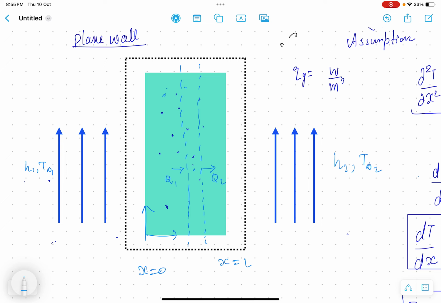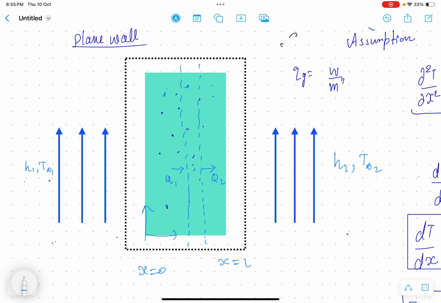Means if it is 20 watt per meter cube at this point, it may be 30 watt per meter cube at this point. But for simplicity of the subject, we are assuming that heat generation is uniform throughout the body. So it means that at every point there is the same value of heat generation.